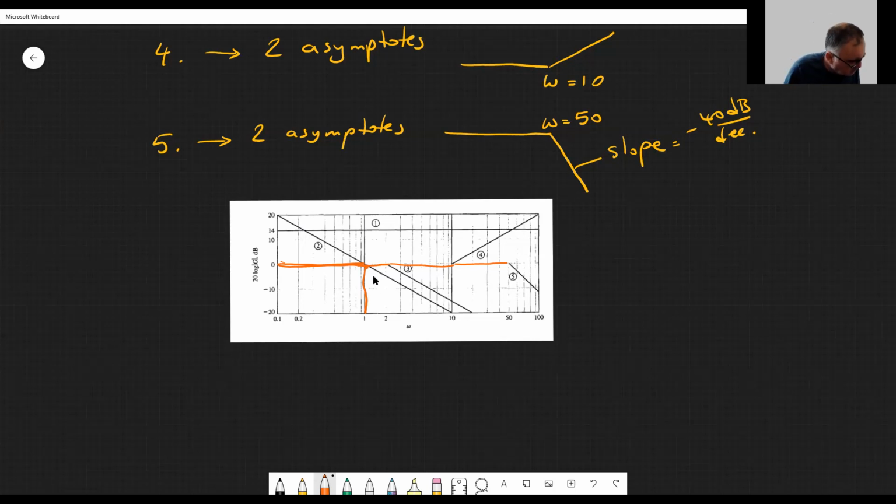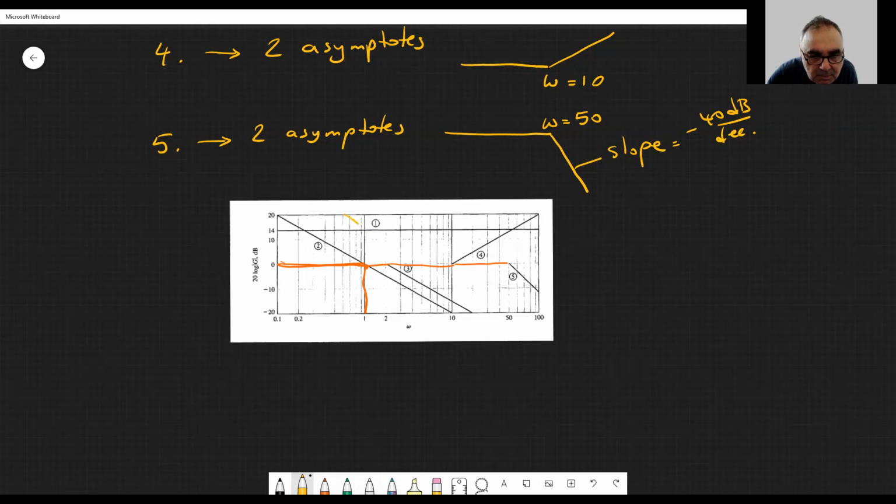So your 1 and 2 added up will give you a straight line that goes like this. Let me use another color here.